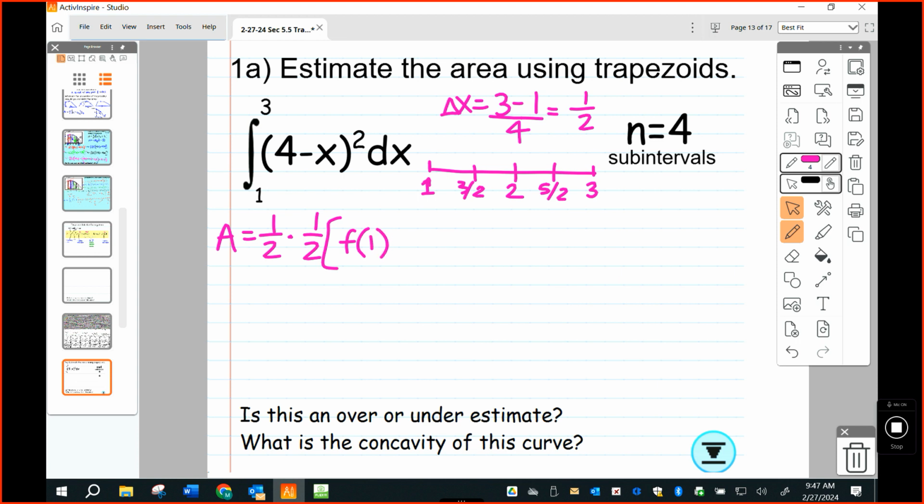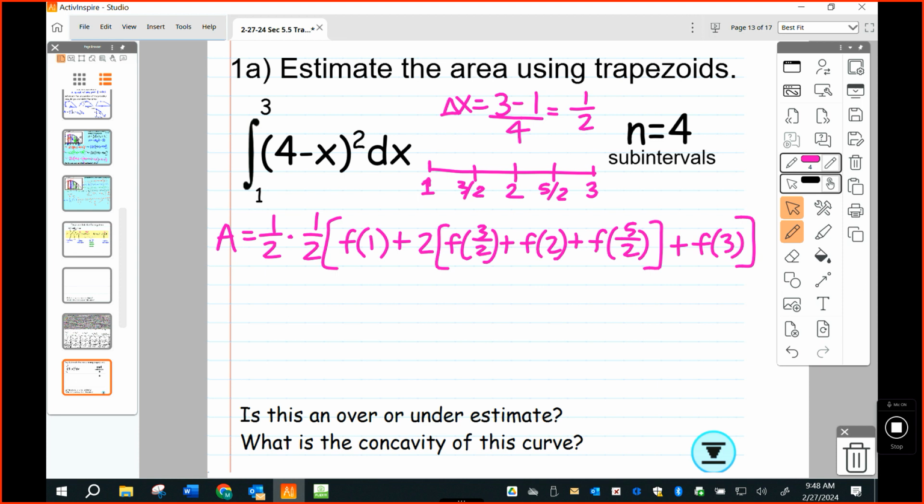So I have 1 of the first base. I have 1 of these, and I have 2 of all in the middle. Plus 2 times, and I'm just going to use a bracket for all of my bases in the middle. So f of 3/2, f of 2, and f of 5/2 are all the bases in the middle. So I have 2 of each of those, so I just pulled the 2 out. And then I have 1 of the last base, which is f of 3.